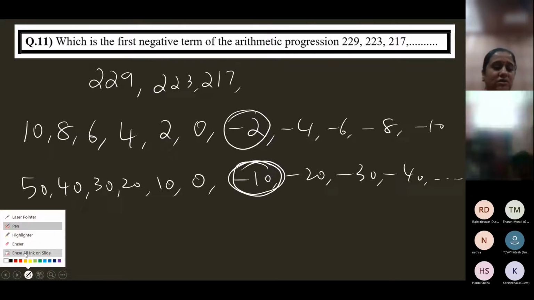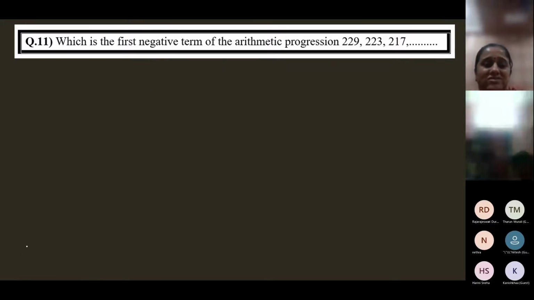The question is, which is the first negative term of the arithmetic progression? Because the values you can see are going on reducing: 229, 223, 217. So somewhere they'll become negative, and from there on the values will only be negative. All right.